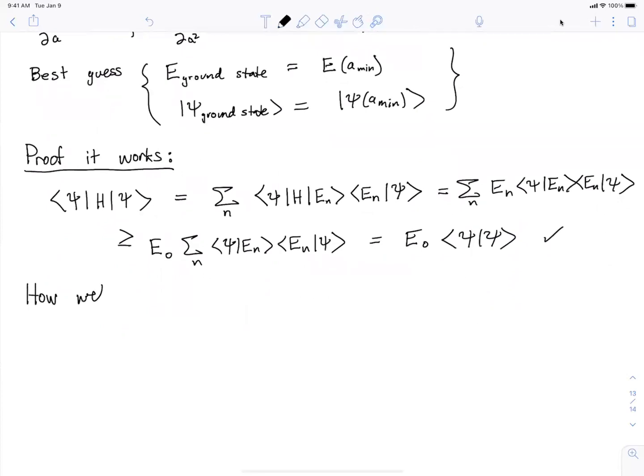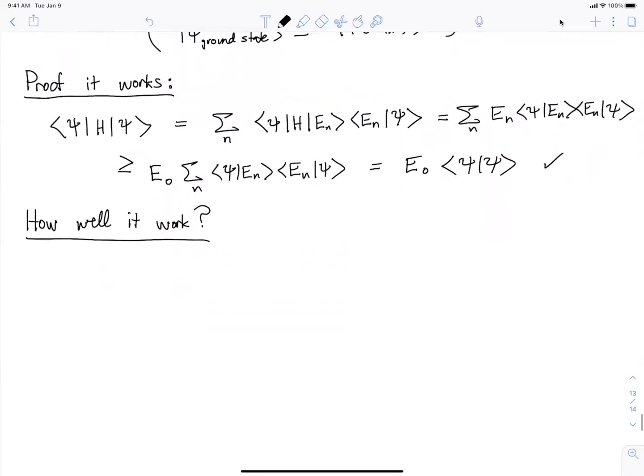And the answer is it turns out to work very well, perhaps better than we might naively have thought. And so to see that, let's suppose that we made a reasonable but not perfect guess. So suppose we guess that psi was actually the ground state, plus we made some not quite perfect guess.